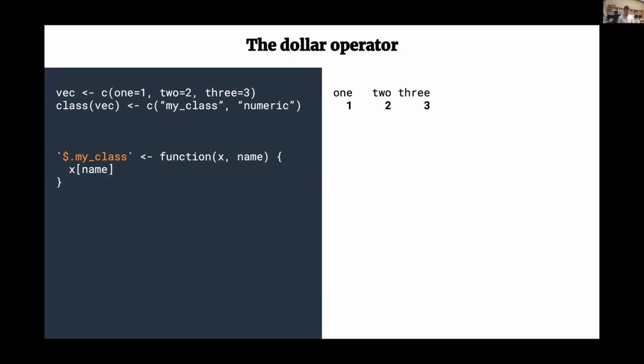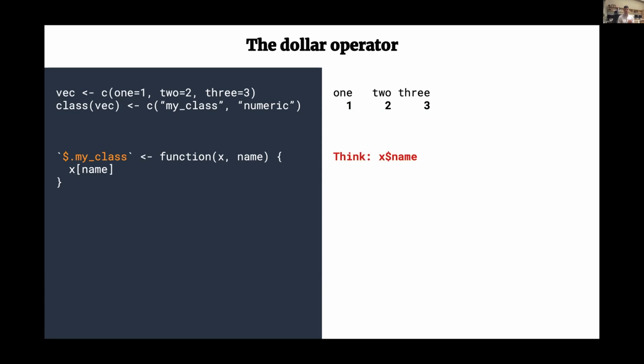And then R provides us with this generic function, dollar symbol. And this function here is really simple, right? So we have a dollar symbol for a class of type my class, and we passed it X and name, and it simply selects that name from that X that we passed it to. And you can think about it like that.